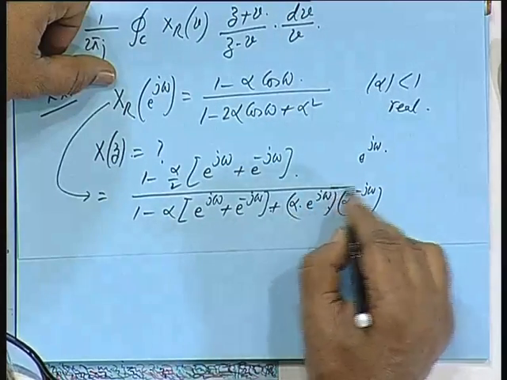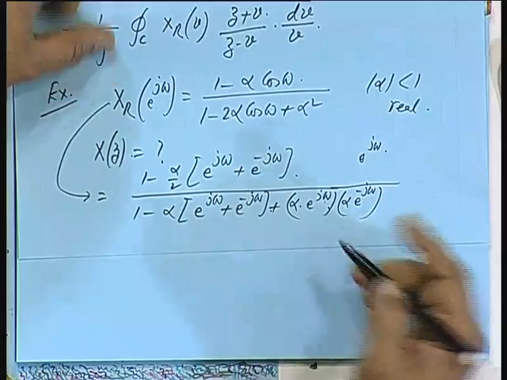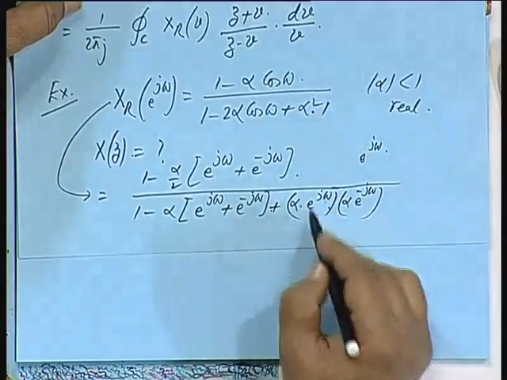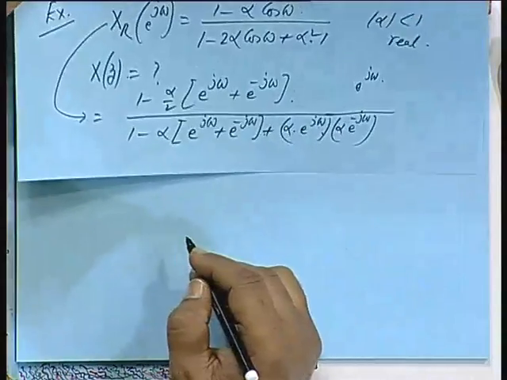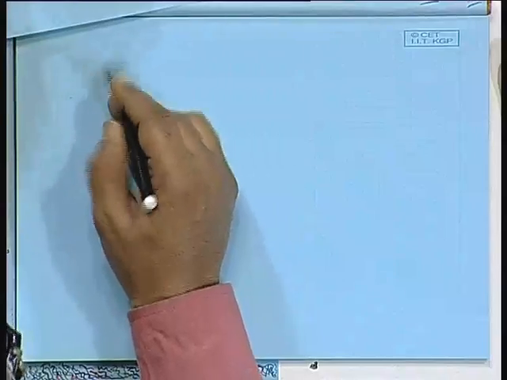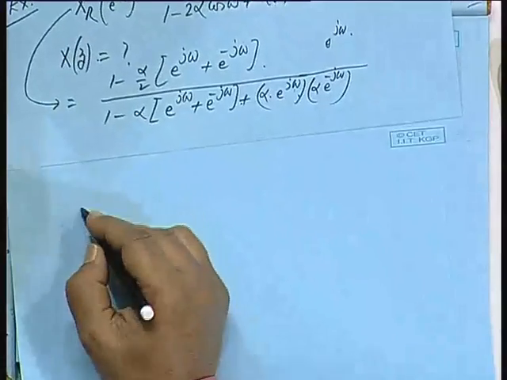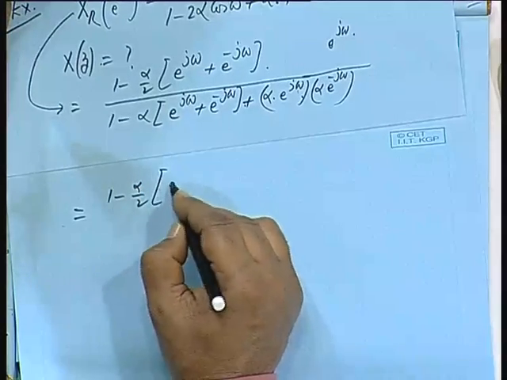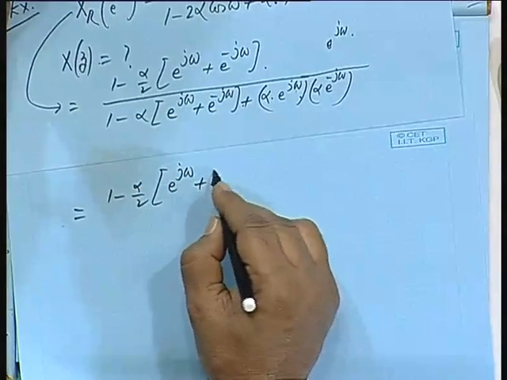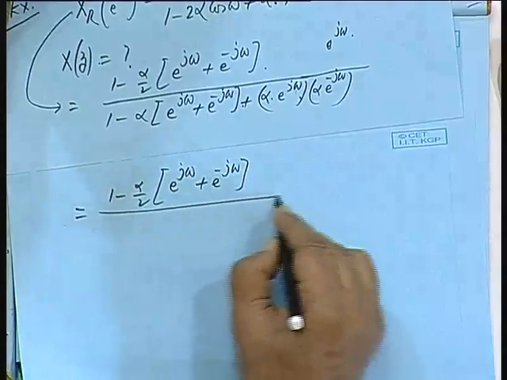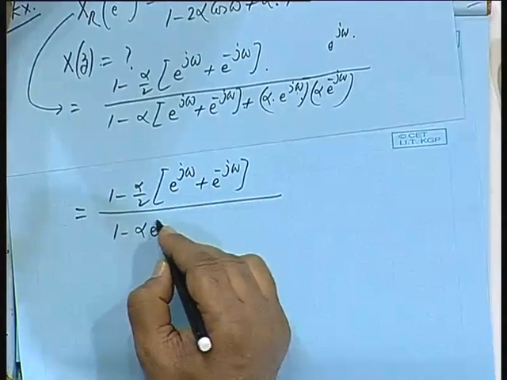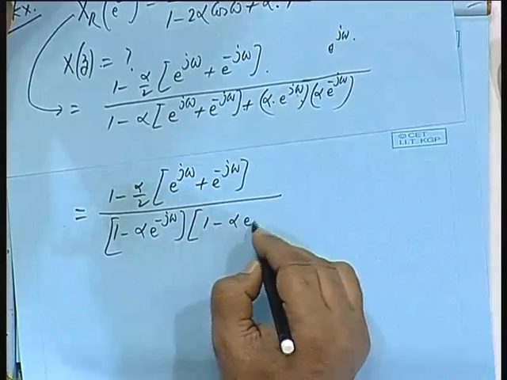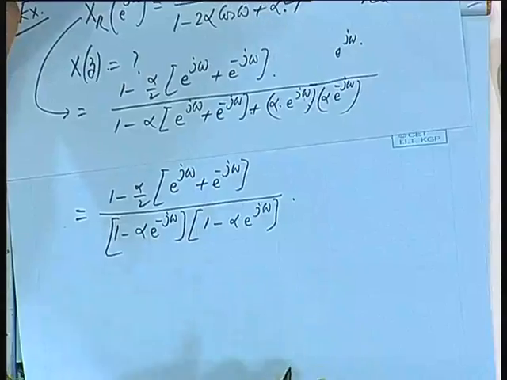Alpha square can be written like this, e to the power plus j omega and e to the power minus j omega will give me 1. So, I have written this alpha square into 1 in this form. So, that I can write this as equal to 1 minus alpha by 2 times e to the power j omega plus e to the power minus j omega, divided by 1 minus alpha e to the power minus j omega into 1 minus alpha e to the power plus j omega.